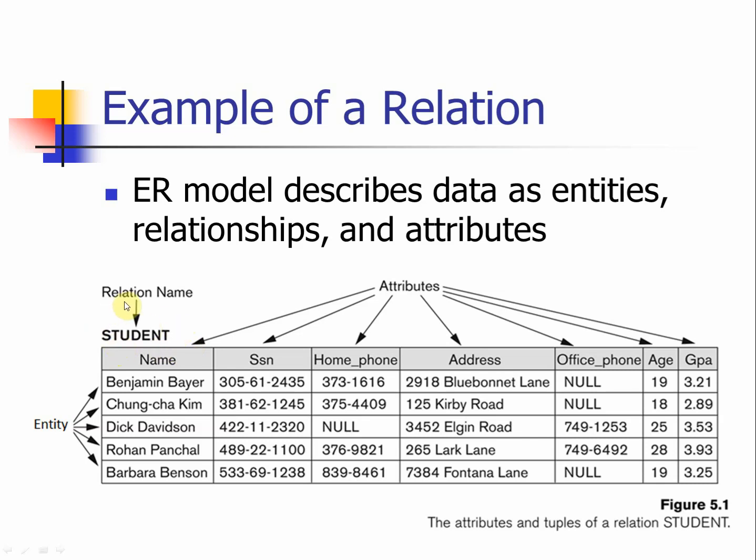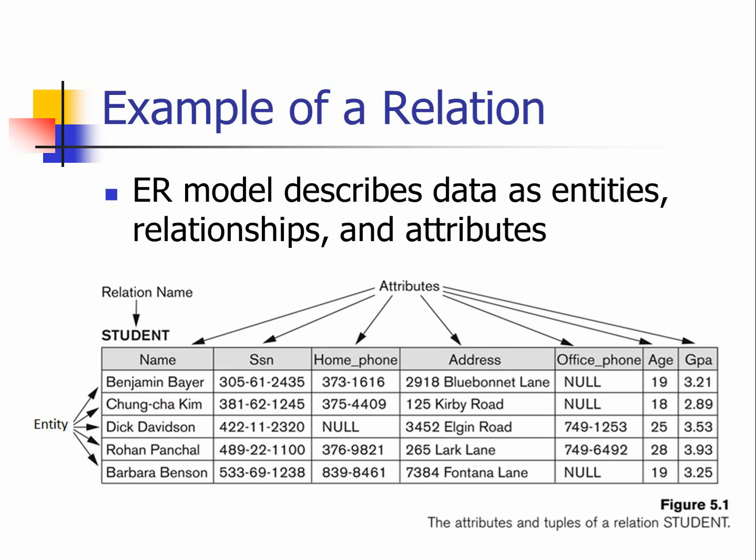We also give it another name instead of the table name. It can also be referred to as the relation name. Each column describes a different attribute of the relation, or the students that we want to talk about. Each row represents one student.